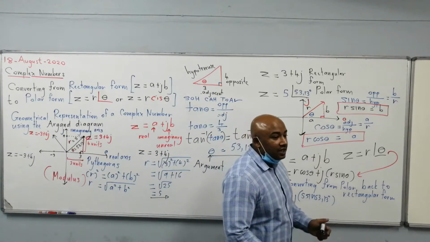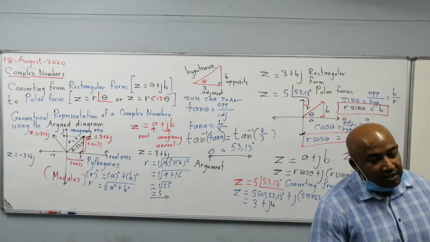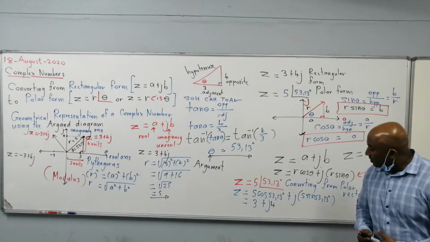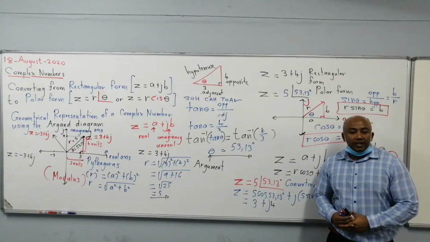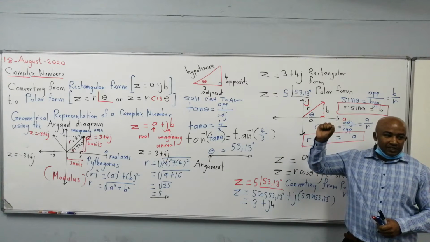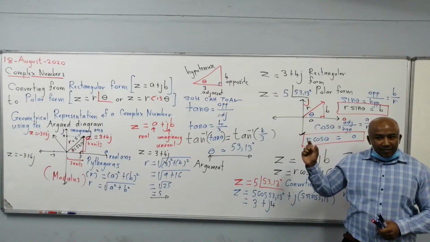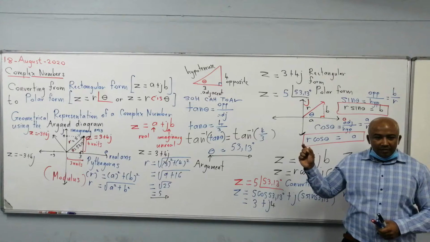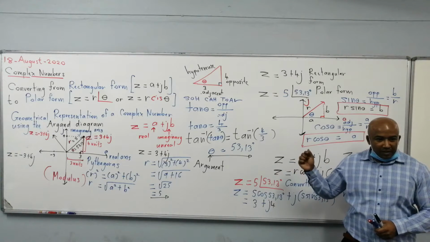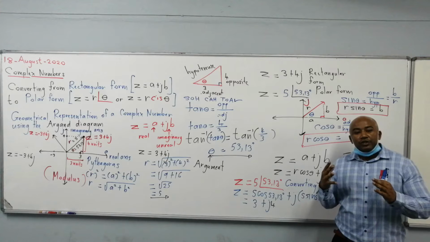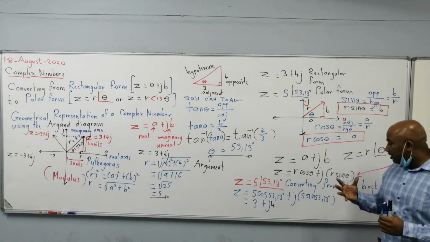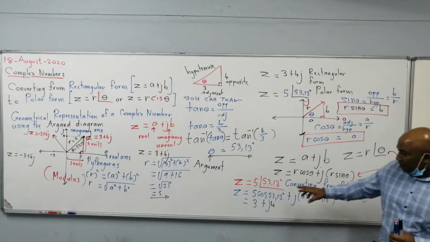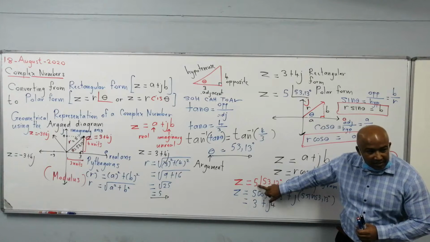Now let's make sure that this answer is correct. Take out your calculator. Clear your calculator, press shift, and I think it's the minus button. The minus button has rectangular when you press it, am I right? So what do you need to input into the calculator? You will input 5 first.